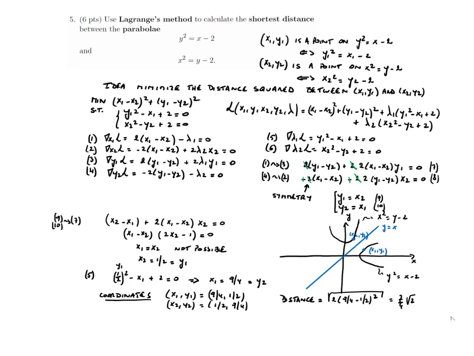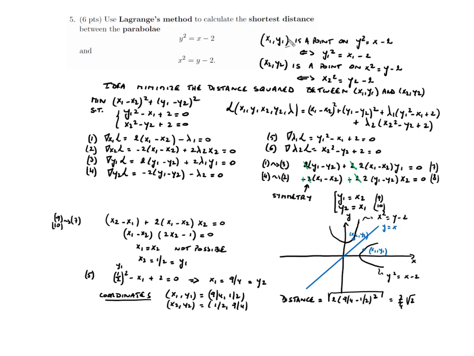Let us have a look at this problem. Let us define x1, y1 on the first parabola. So obviously x1 and y1 meet this equation. Similarly, x2 and y2 is on the second parabola, so the coordinates must obey this equation over here.